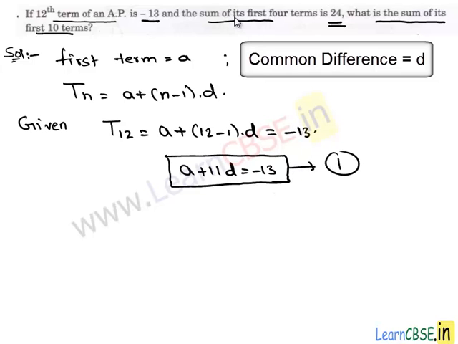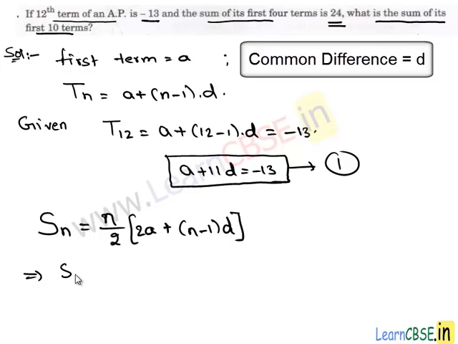Now we are given the sum of its first 4 terms, that is 24. If a is the first term and d is the common difference, then the sum of n terms of an AP is n/2 times (2a + (n - 1)d). Here we are given the sum of the first 4 terms. So the sum of the first 4 terms, S4, is 4/2 times (2a + (4 - 1)d), and the sum is equal to 24.